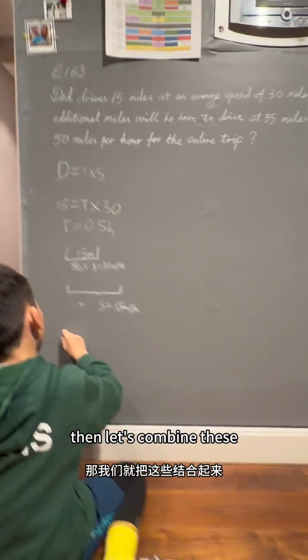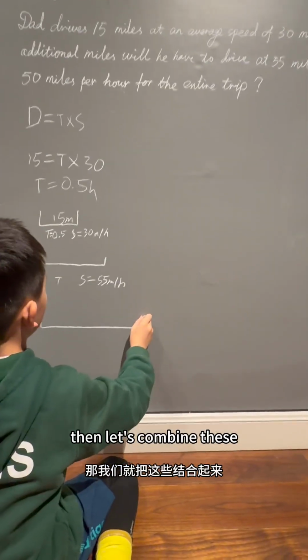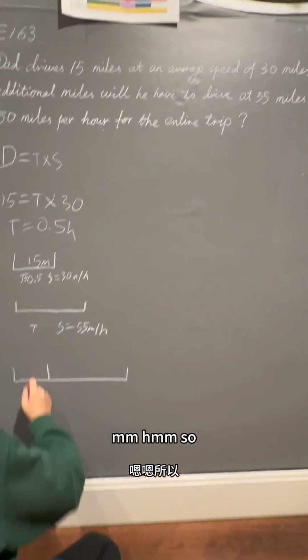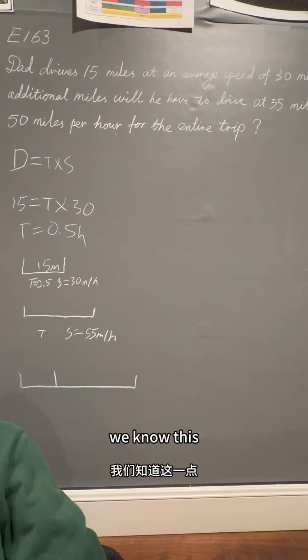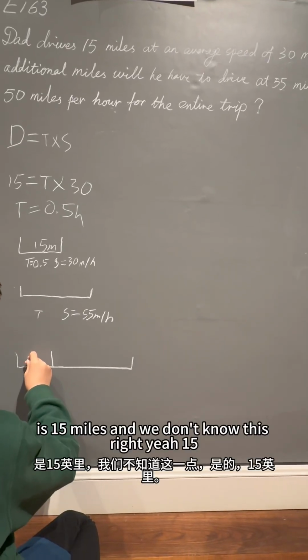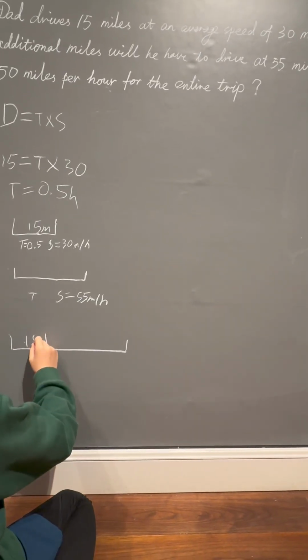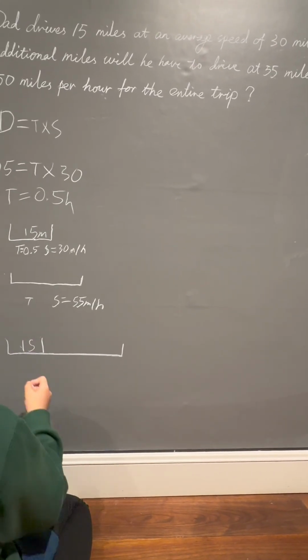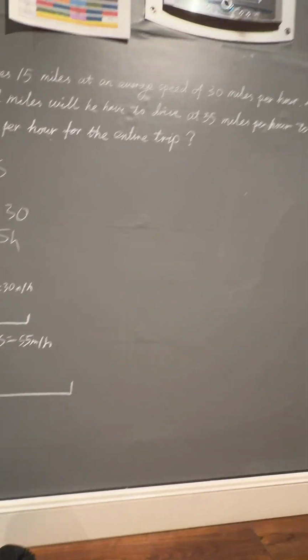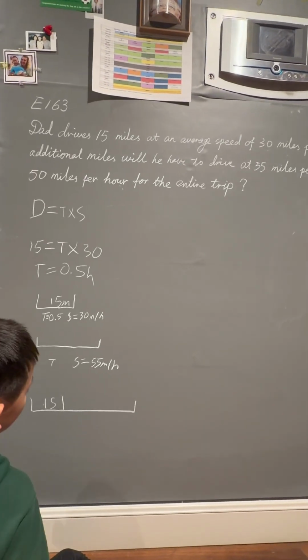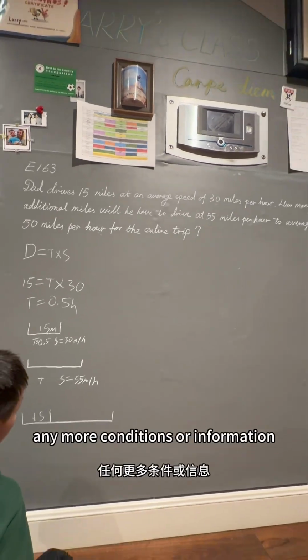Then let's combine these into one big section. So we know this is 15 miles, and we don't know the second part. And now we know this. Any more conditions or information?